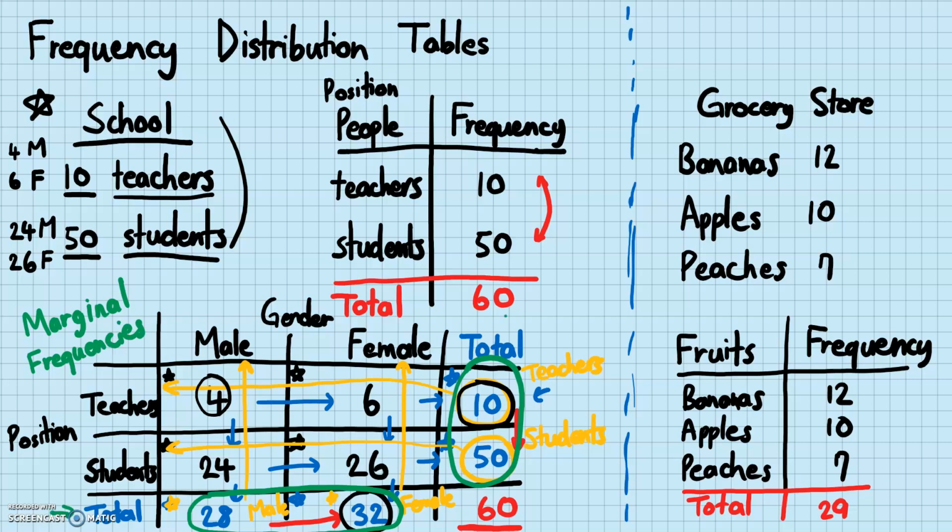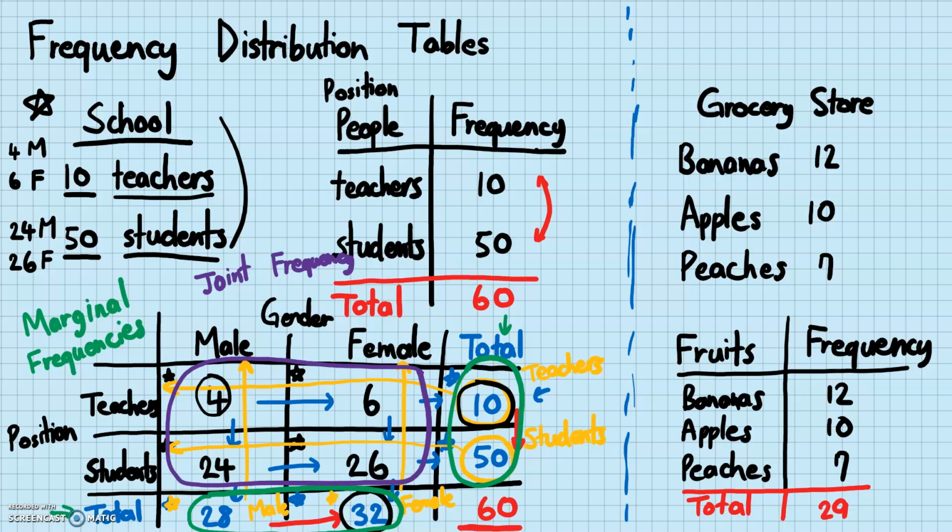They're on the margin of the frequency table. And the inside here, this data here, that's called the joint frequency. Okay, so we've joined a lot of different frequencies inside.